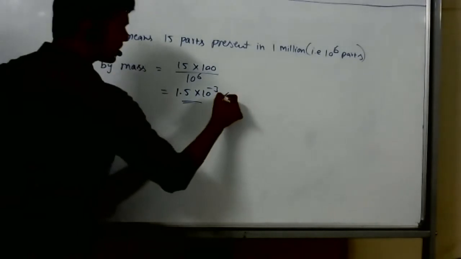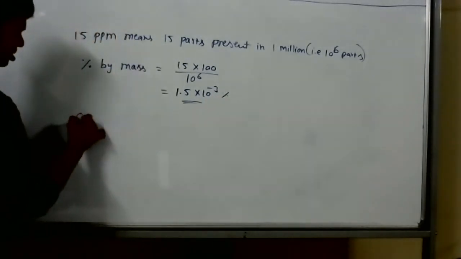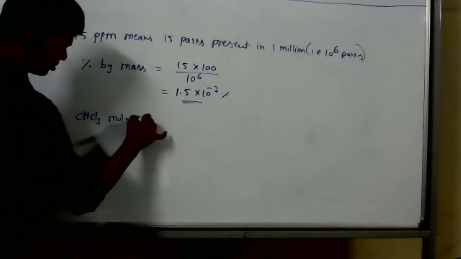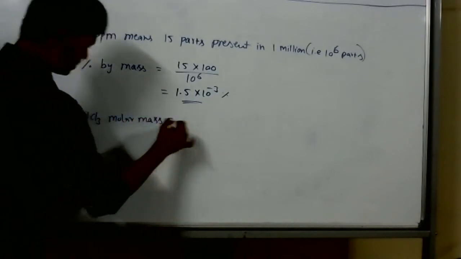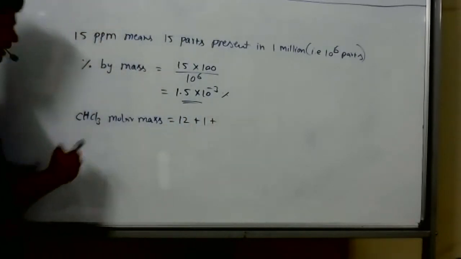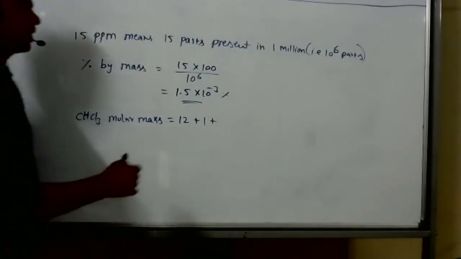Next, calculate the molar mass of chloroform. Carbon 12, hydrogen 1, 3 chlorines, 3 into 35.5.